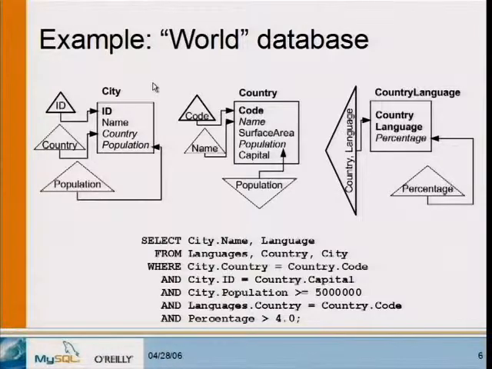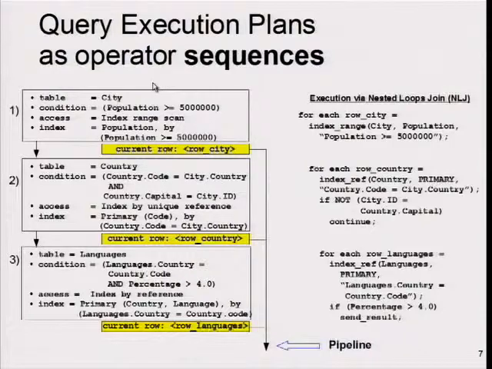How would this query actually be represented as a plan? Given that our plans are left deep linear trees, we don't need to represent them as trees. What we do is we represent them as arrays of operators.